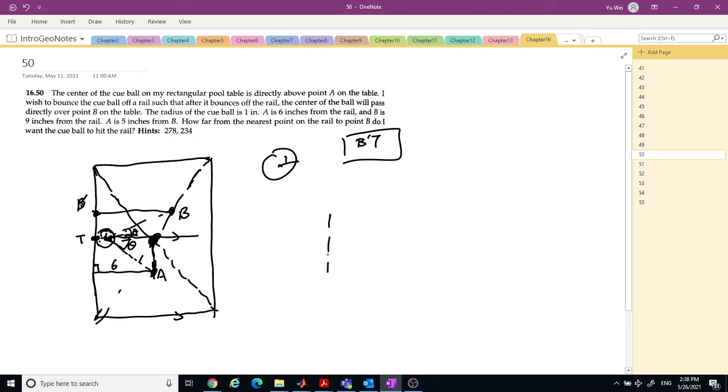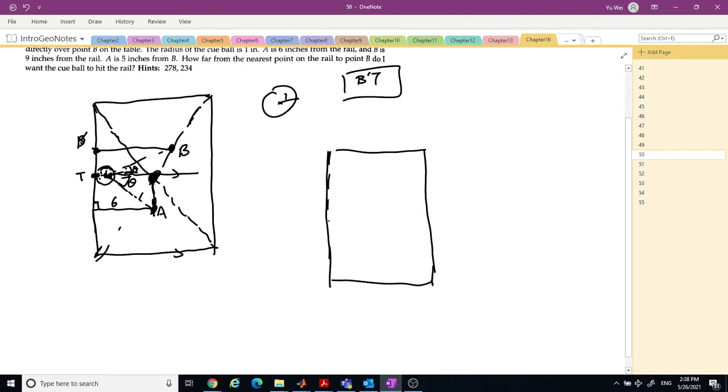So now let's draw another diagram with just the center of the ball. This is the center of the ball, then this is A, now this is only 5, right?